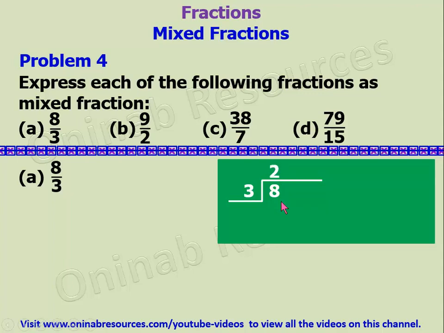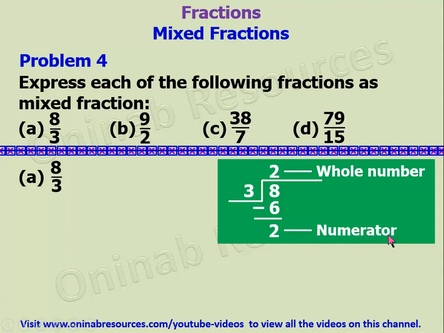It can only go twice, so we say 2 times 3, which gives 6. 8 minus 6 gives 2, and here this is our whole number, and this is going to be our new numerator, while this 3 will still be maintained as the denominator, so that 8 over 3 will be equal to 2 whole number 2 over 3. This is the mixed fraction of the improper fraction 8 over 3.